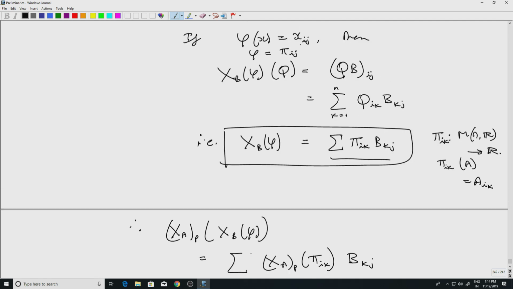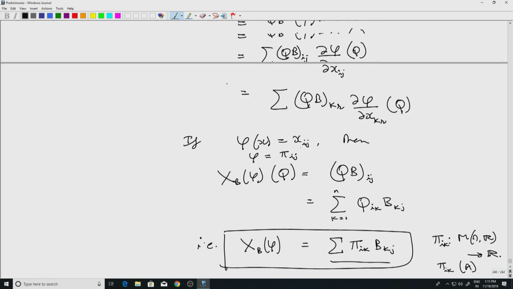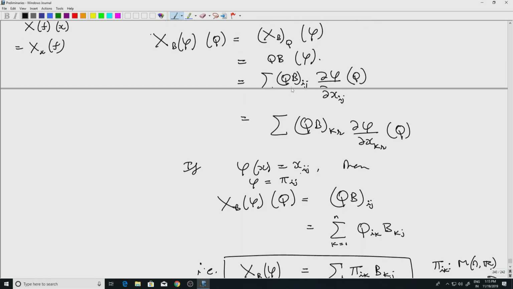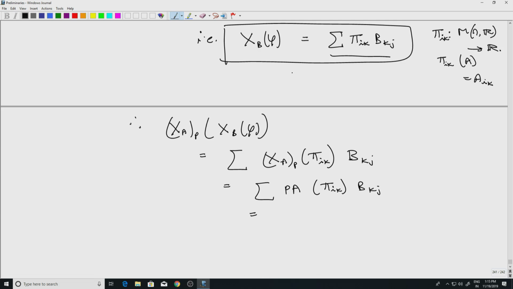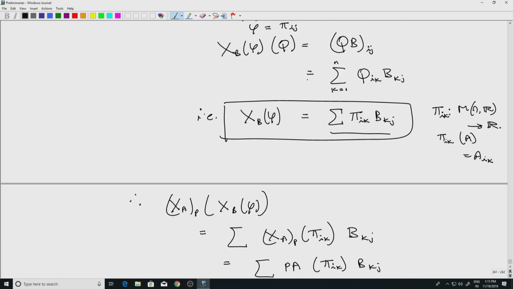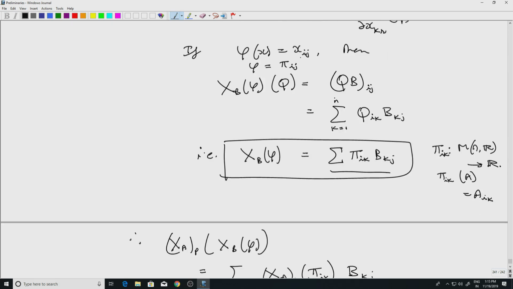and by the same logic that we went through here, whatever we did for this q and b, now we again do it for p and a, because we are again acting on a projection map just like we did here.